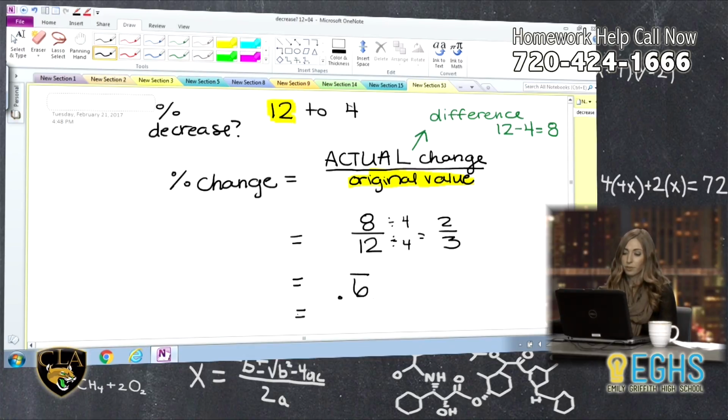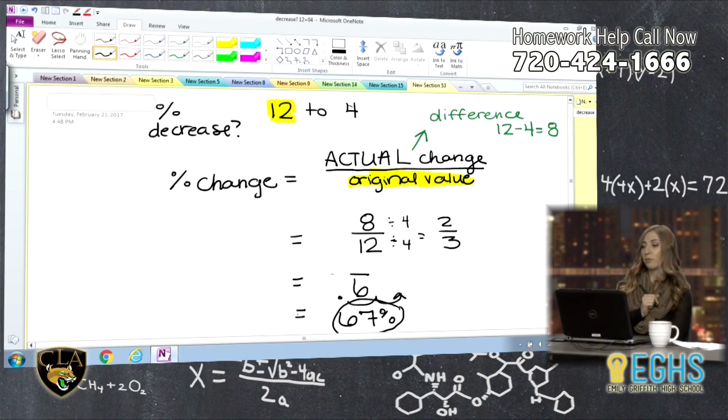To convert that to a percent, we just move our decimal point 2 spots. So we have 66.6%, which we'll round up to about 67%. So if you go from 12 to 4, there's a decrease of about 67%.